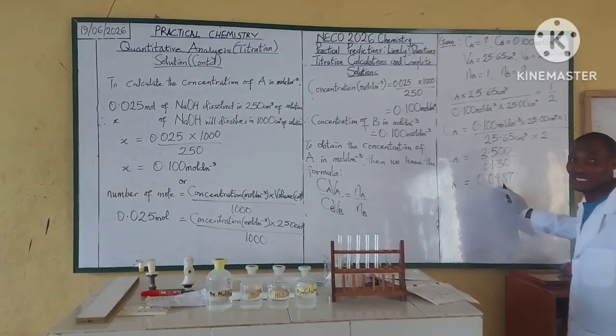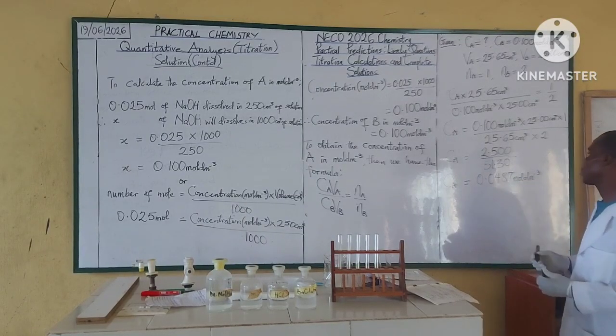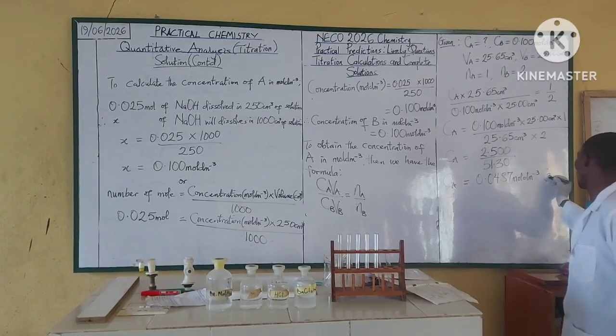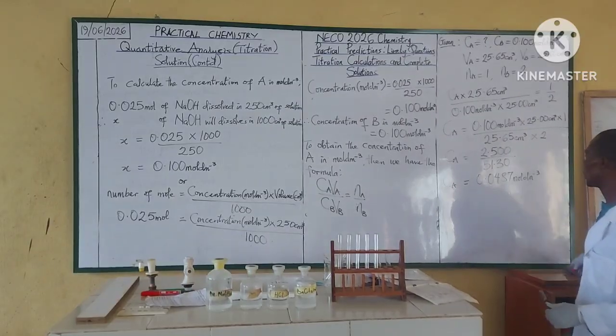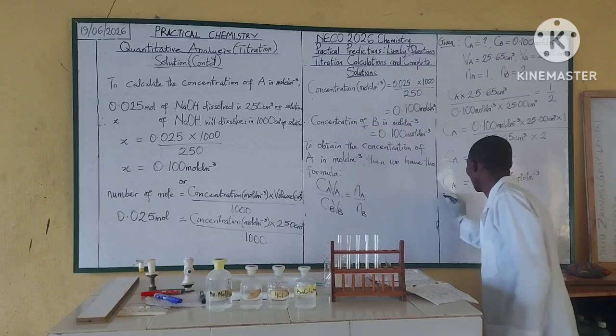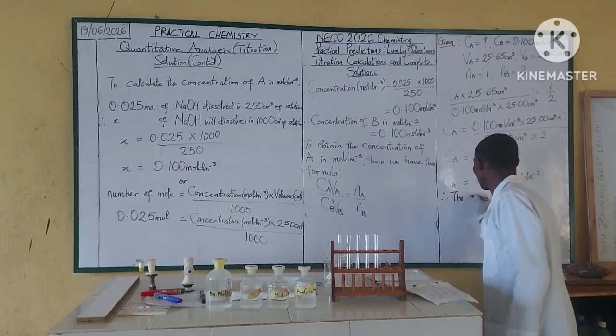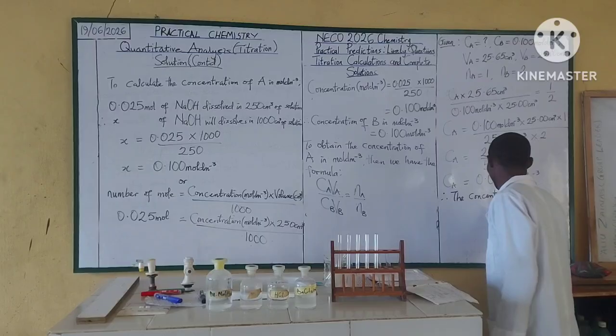You leave it at this stage, mole per dm cube, to 3 significant figures. Of course, you may not need to write it there for them. They will know that is what you have done. And I say, therefore, the concentration, because that's what we have been asked to calculate.